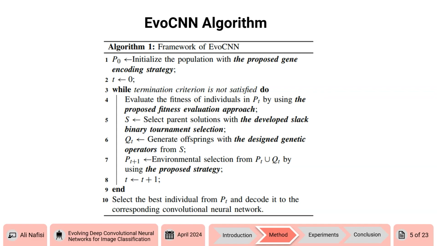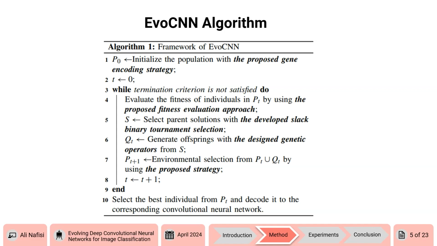It's generic. It starts with an initialization of the population, and we have a loop whose termination condition may be a maximum number of iterations, or actually the maximum number of generations, in the literature of evolutionary algorithms.